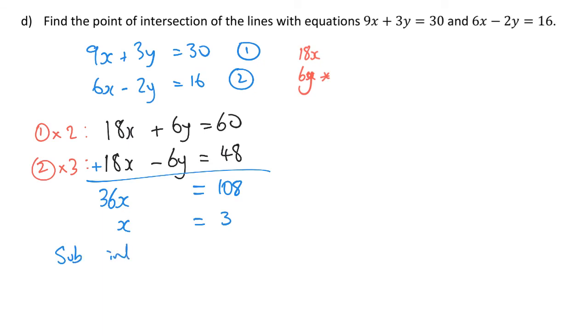Sub into equation 1, and we'll get 9x, so if x is 3, 9x is 27, plus 3y equals 30. 3y is going to be 30 less 27, which is 3, so y equals 1. Let's check that in equation 2.